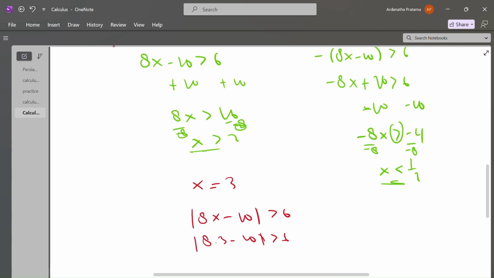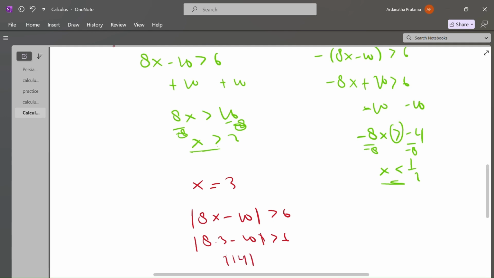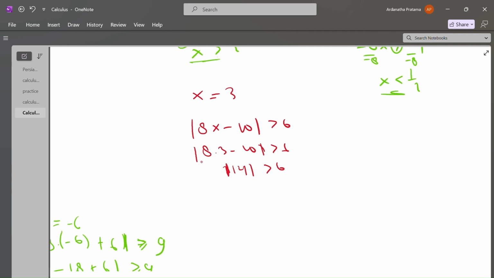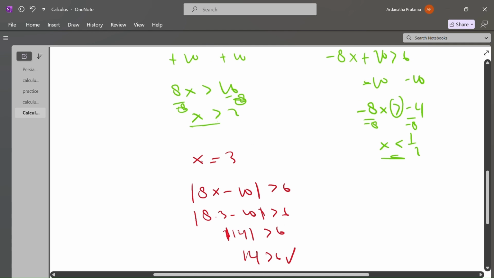So I will write down here absolute 14 is greater than 6. Of course, this is obviously correct because 14 is greater than 6. Okay, this is correct.